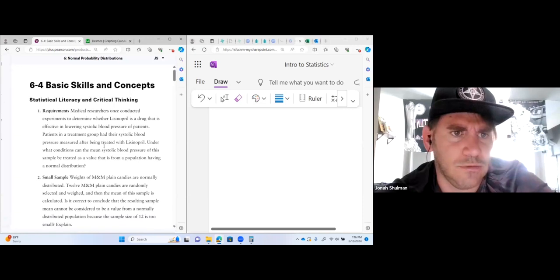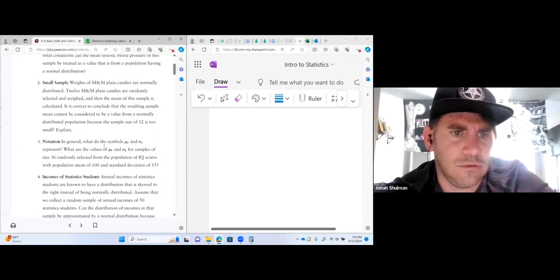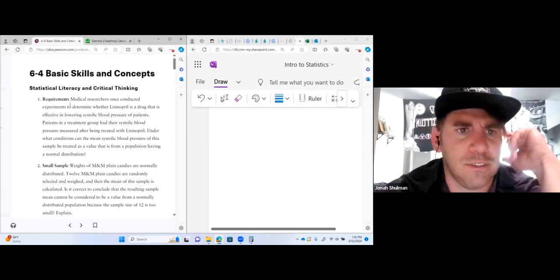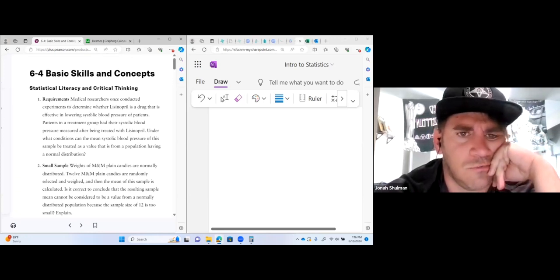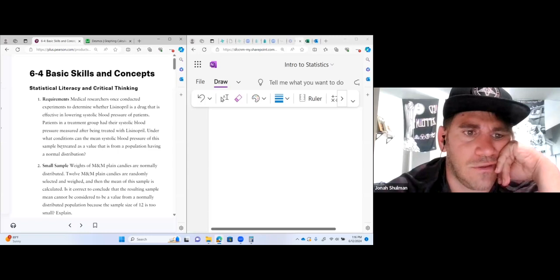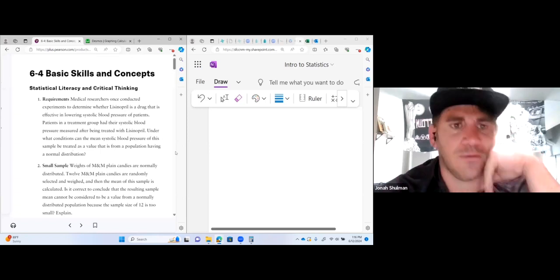Here's number 1. Medical researchers once concluded the experiments determine the Lisinopril drug is effective in lowering systolic blood pressure of patients. Patients in the treatment group had their systolic blood pressure measured after being treated with this. Under what conditions can this sample be treated as a value from a population having a normal distribution?